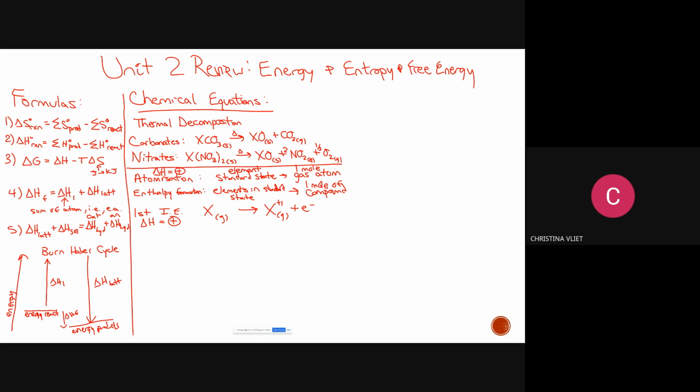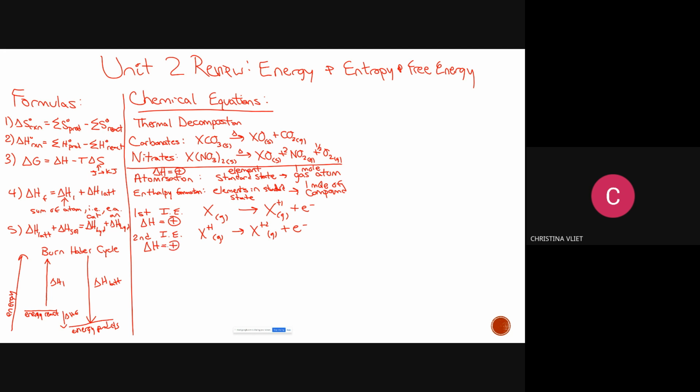You should also, for yourself, put down the second ionization energy equation. What would you start with? Just to get the pattern. X plus 1 gas goes to X plus 2 gas plus e minus. Would delta H be positive or negative to rip the second electron off? Positive.